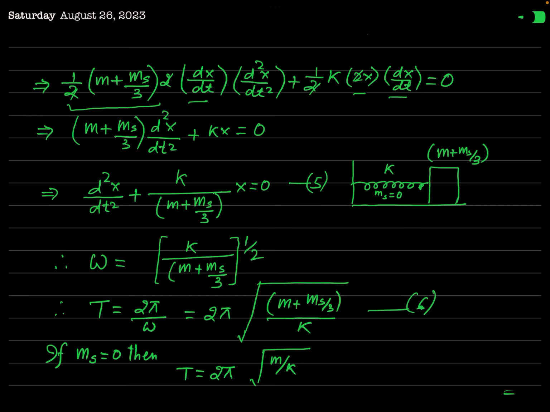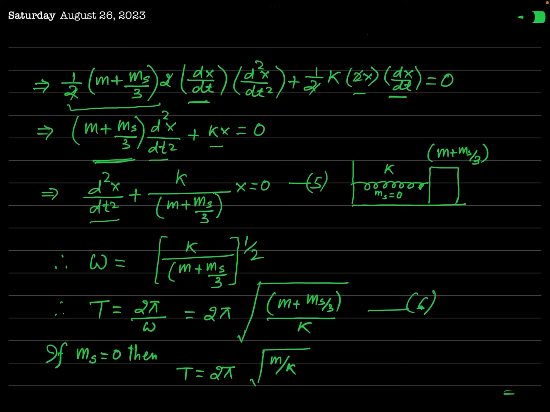And this dx/dt is a common factor, and dx/dt is not 0. So remove this dx/dt. After removing it, you get (m + ms/3) d²x/dt² + kx = 0. Now if you divide the LHS of this equation by this factor m + ms/3, what will be your result?